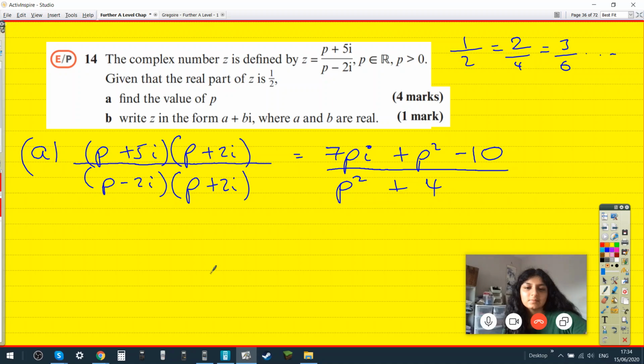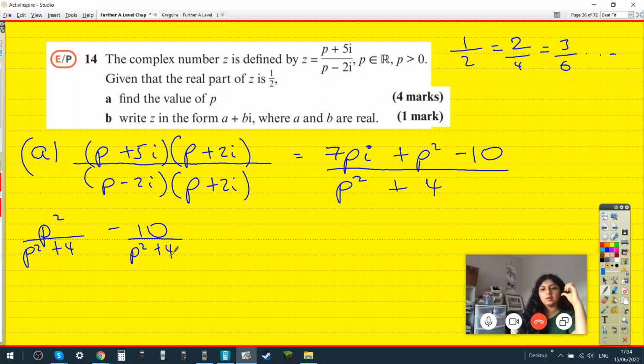That'd be going backwards. So p is just a number, is that right? I think so. So p squared over p squared plus 4, minus 10 over p squared plus 4.